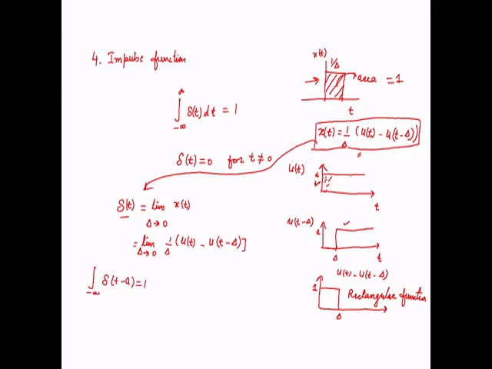That varies from minus infinity to infinity, for t equal to a, and the representation is like this: delta(t minus a). The value of this function is 0 for all t not equal to a, right?